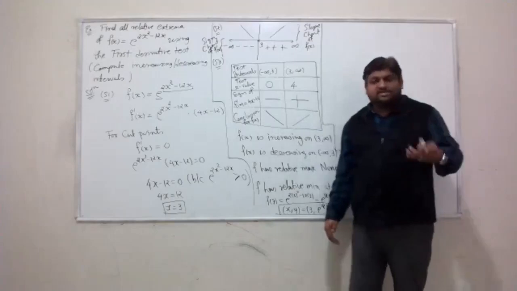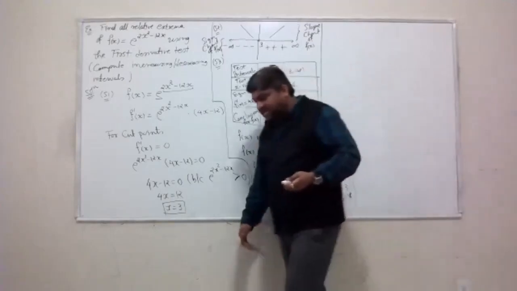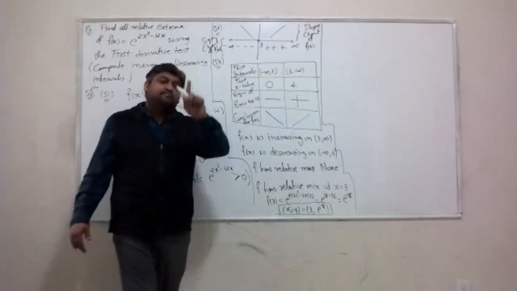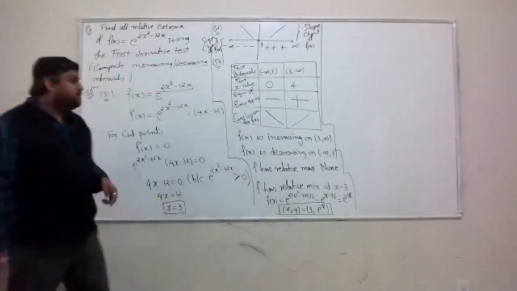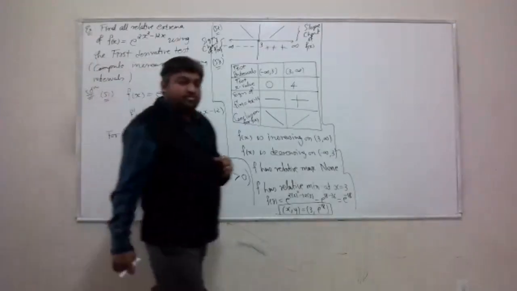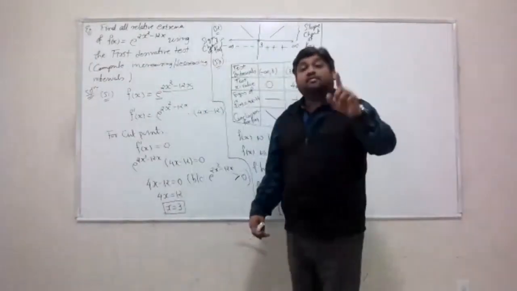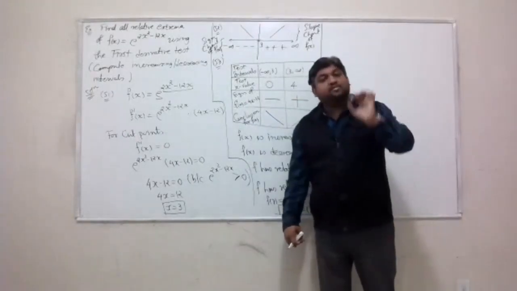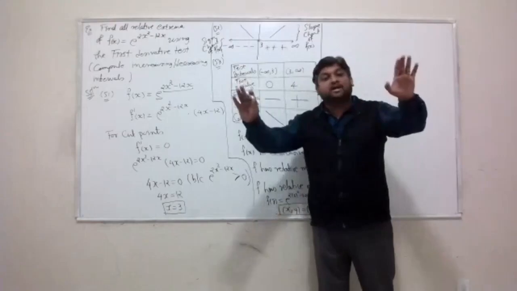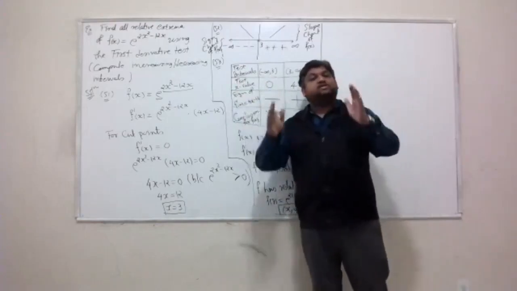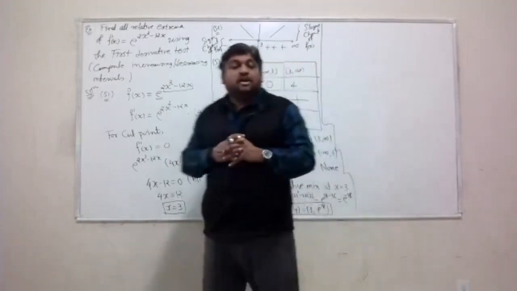Why is it weaker? Because the second derivative test only gives us an opportunity to identify the nature of those cut points that come from setting f prime x equal to 0. The cut point of f prime that we get by setting the denominator of the derivative equal to 0 cannot be handled using the second derivative test. So this is a limitation of the second derivative test.